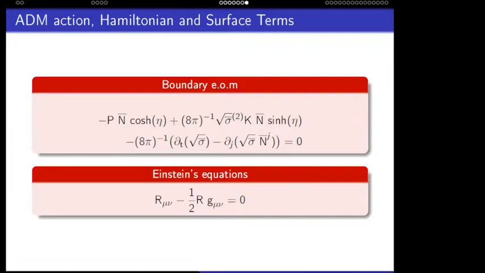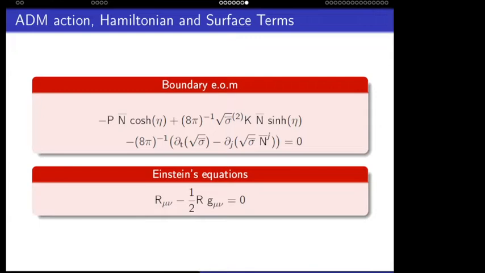This is not exactly like this. Here you have 10 equations. The degrees of freedom in the ADM formalism are the lapse, the shift, and the 3-metric.